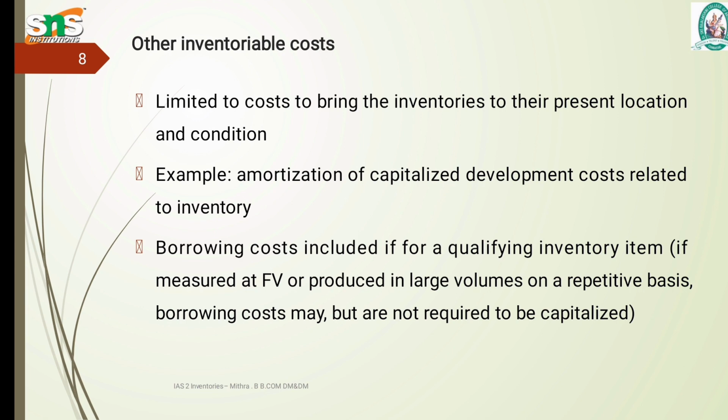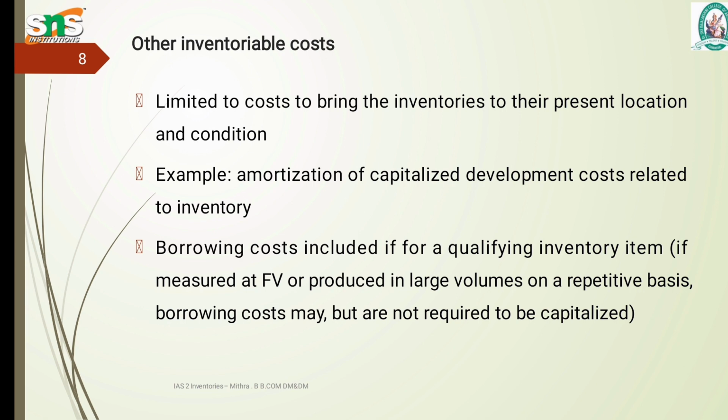Borrowing cost is included for a qualifying inventory item. If measured at fair value or produced in large volume on a repeated basis, borrowing cost may but is not required to be capitalized. These are the other inventoriable costs under IAS 2 Inventories.